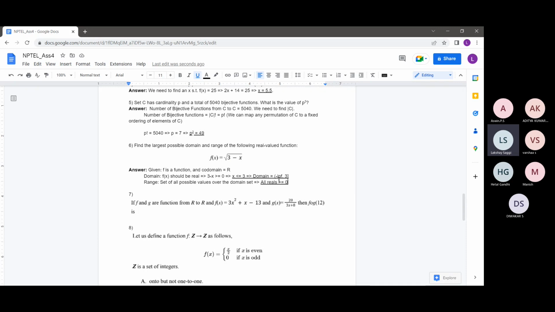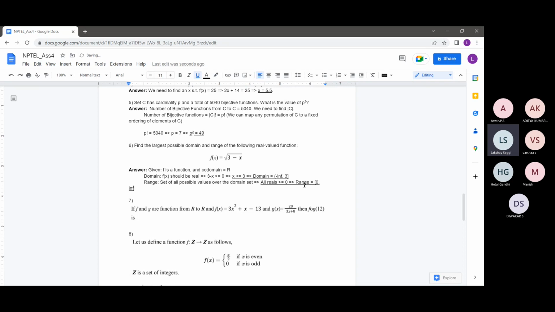And at values below 3, this f of x value will be greater than 0. So this will be the range set. And if you want to denote it in set form, then this can be written as closed bracket at 0, and open bracket at infinity.